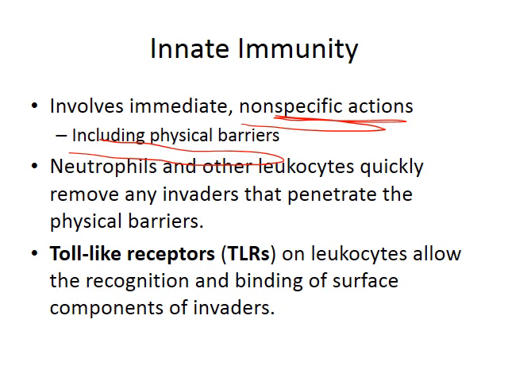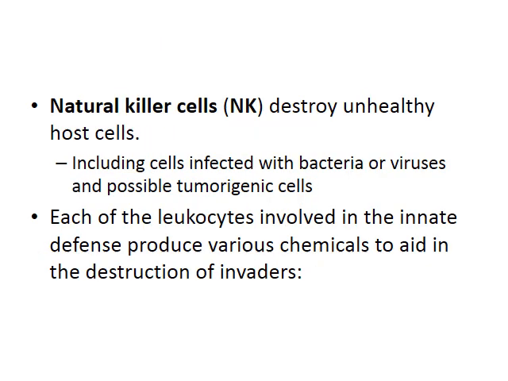Once they do enter your body, if they do, the neutrophils and your other leukocytes are going to very quickly remove anything that's there to prevent any further infection. The way that your cells are able to identify things that are not yours is through what we call toll-like receptors. These are on your leukocytes, and they allow the recognition and binding of anything that's foreign.